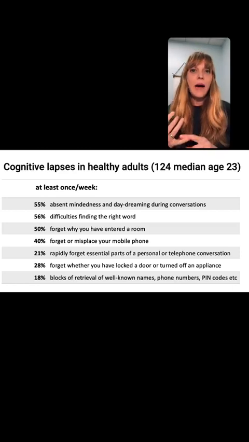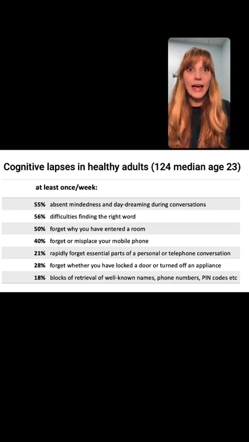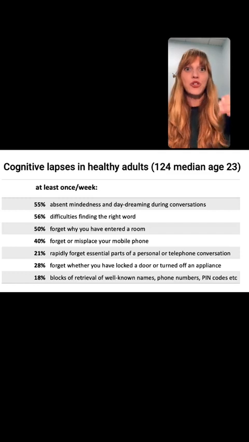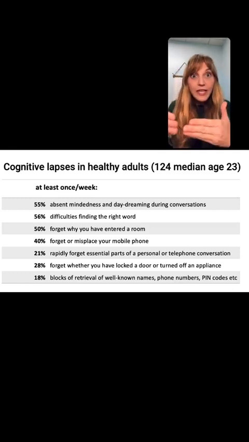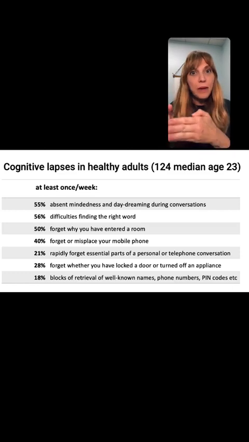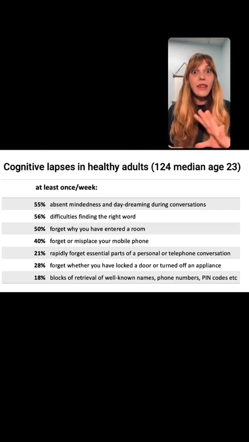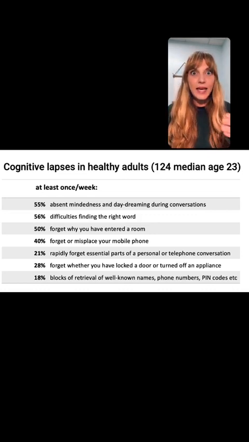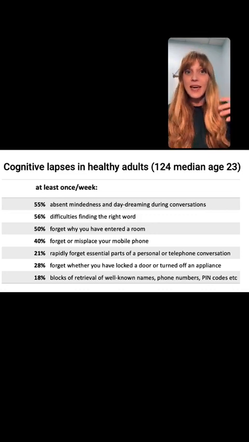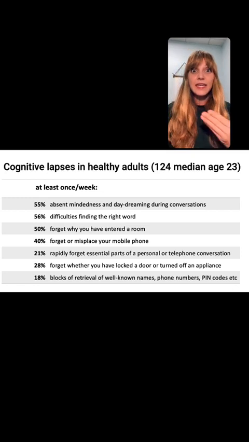Or maybe these happen after you've had a head injury, or you've had Parkinson's, or you've had a stroke, or some other thing that also affects your cognition. Well, these may happen, and you might become increasingly concerned that there is something wrong with your brain. And in some cases of a neurodegenerative disease, there is.